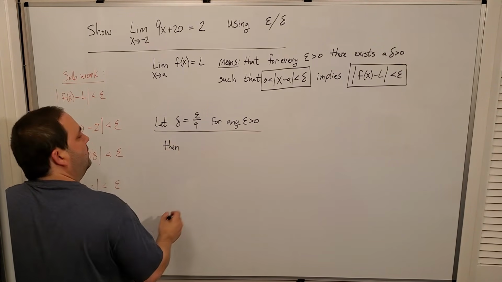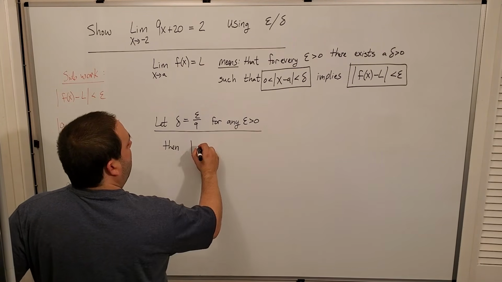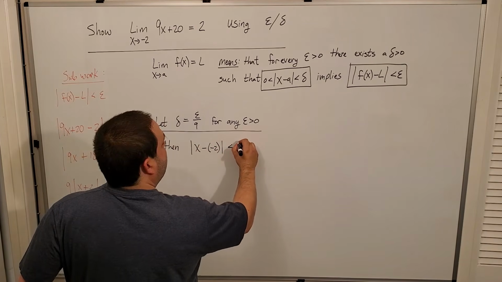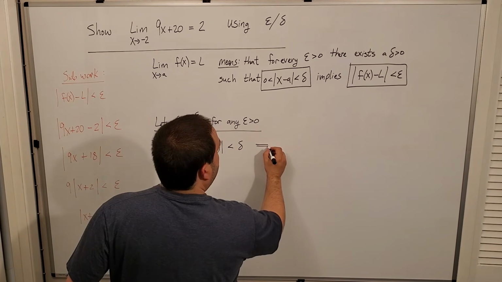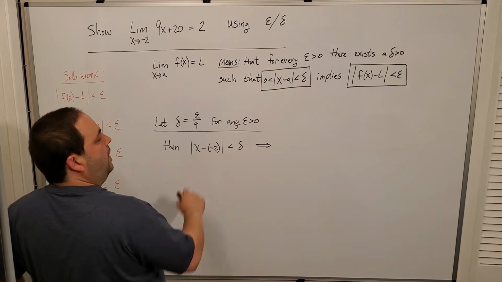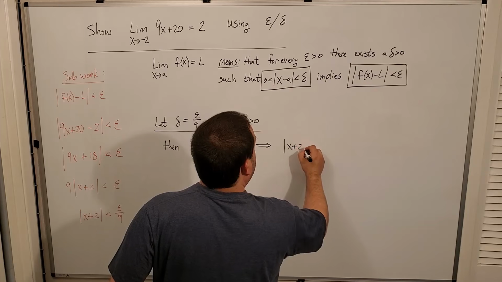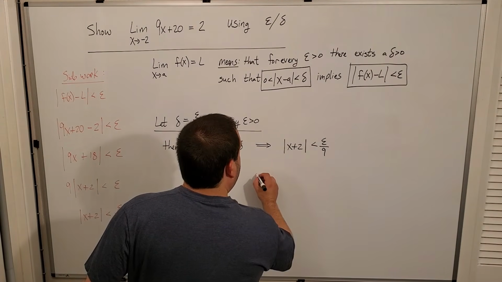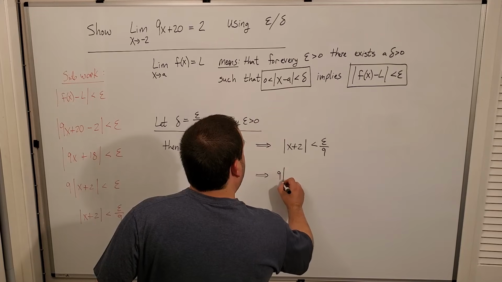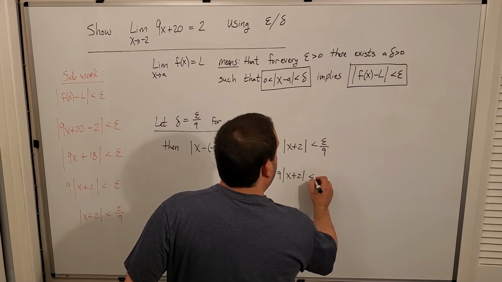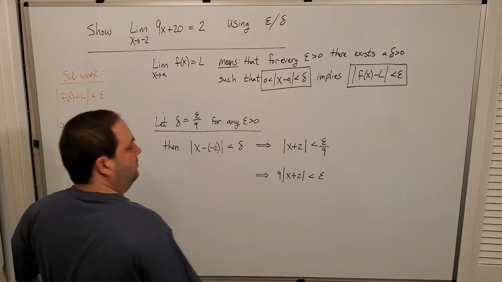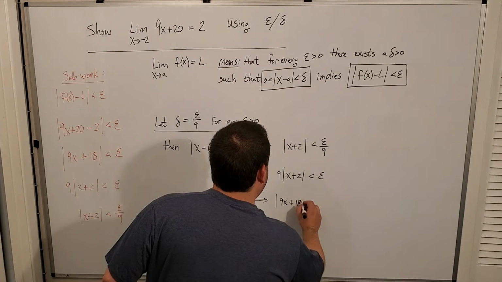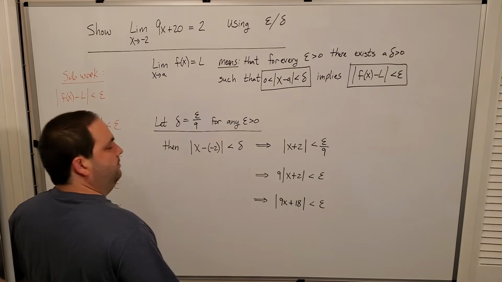Then the absolute value of x minus negative 2 being less than delta implies, I'll use the little arrow here for implies, that the absolute value of x plus 2 is less than epsilon over 9, which thusly implies that 9 times the absolute value of x plus 2 is less than epsilon, which then implies that the absolute value of 9x plus 18 is less than epsilon.